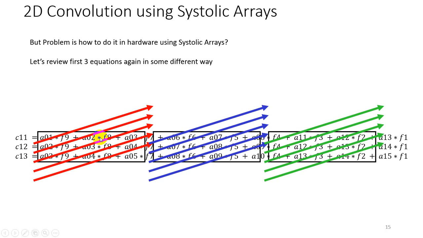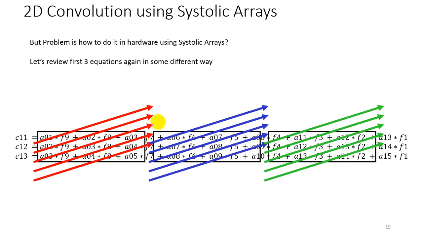And similarly the filters, means the filter value F9 is used 3 times in the same column, and similarly in this column we are using the filter input 3 times. So we see some type of dependency between the data of the convolution from both sides, from the input and from the filters also.